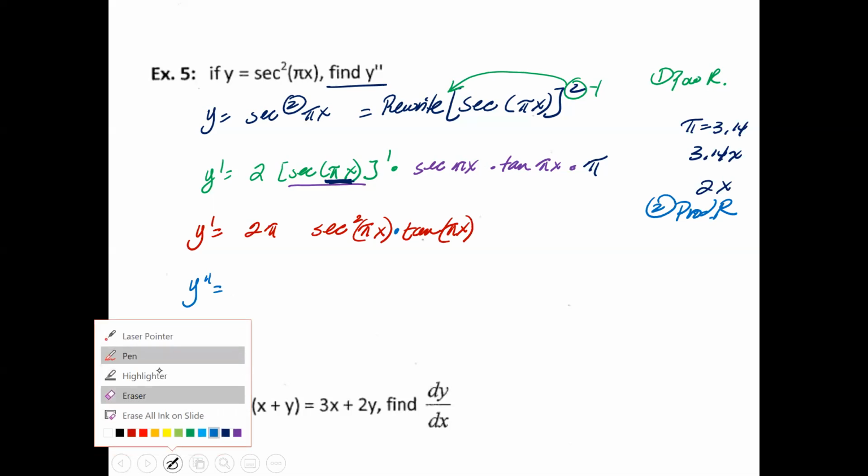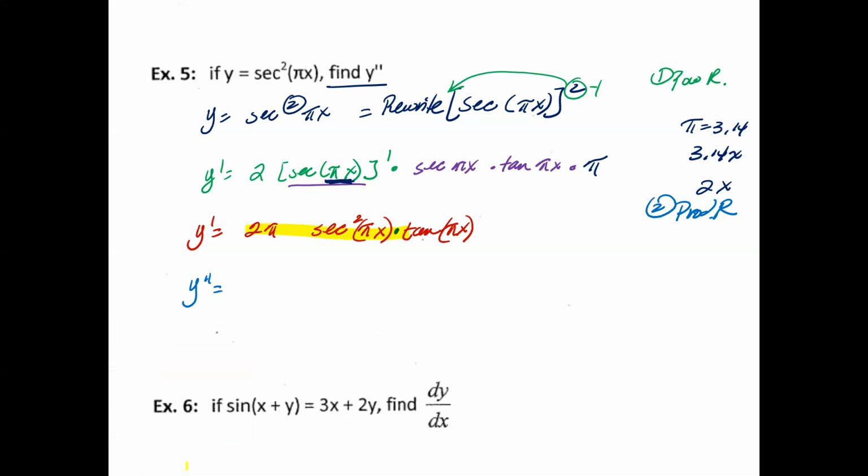So then remember with the product rule, you have to go ahead and separate the F and the G. And I'm going to go ahead and just say that this part right here is F and this part right here is G. So then you're going to say F is going to be secant squared pi x with a 2 pi right here, although that constant is really going to kind of just disappear, hopefully.